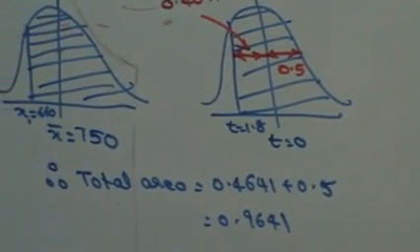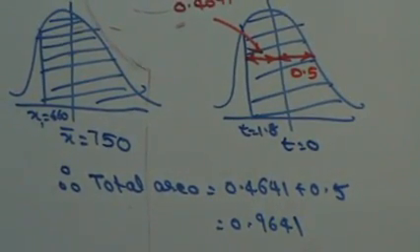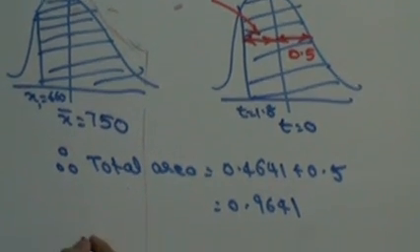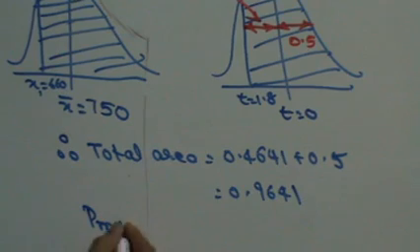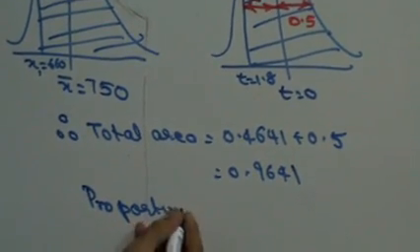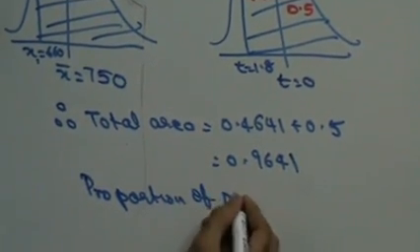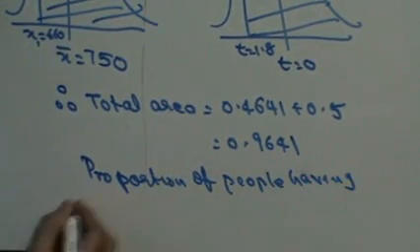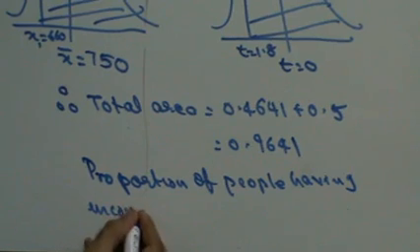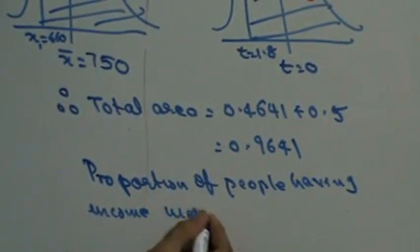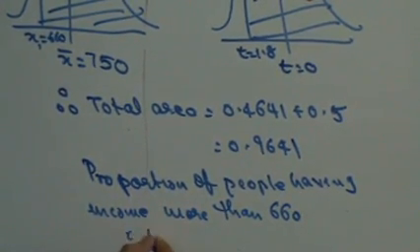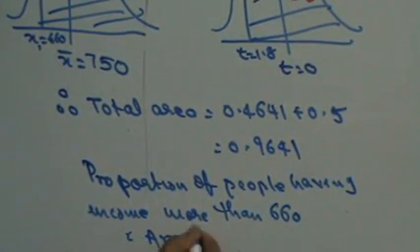They have asked me what percentage of people have income exceeding 660. When they tell you percentage or proportion, it's the same thing. The percentage of people having income more than 660 is going to be nothing but area into 100.